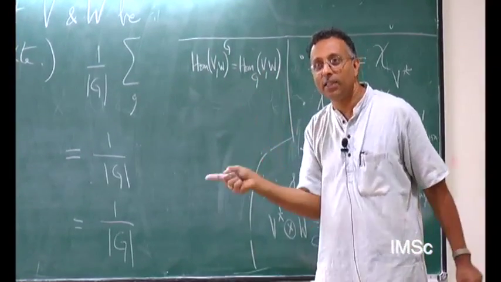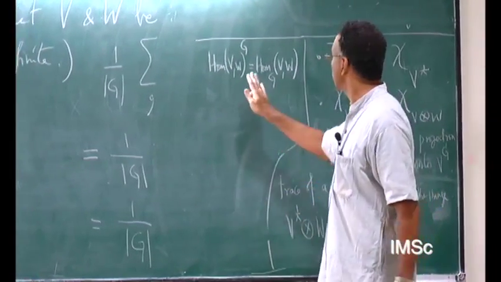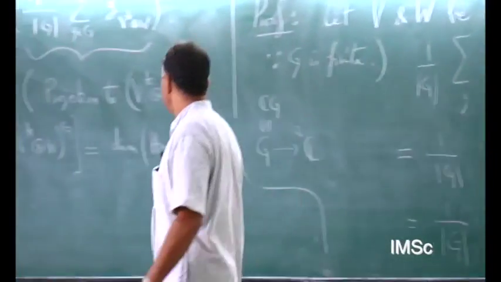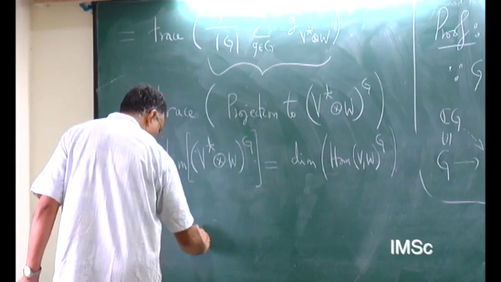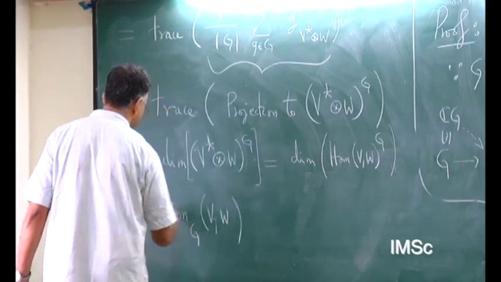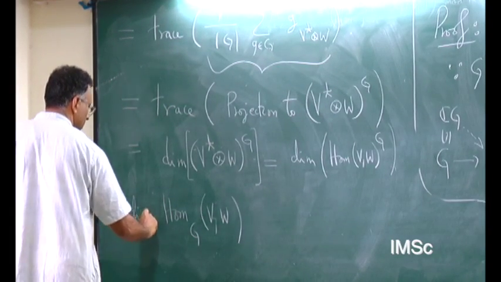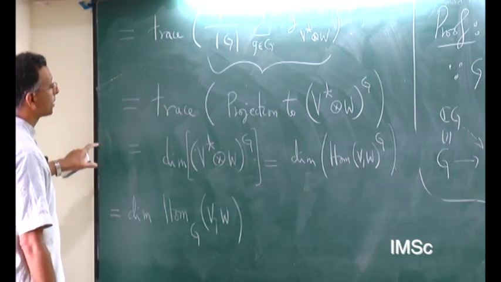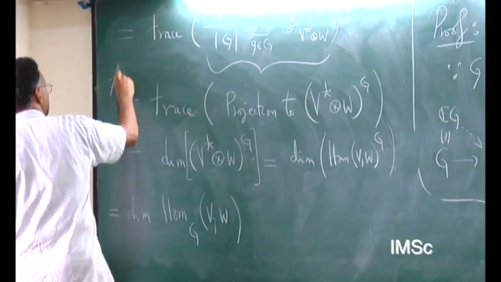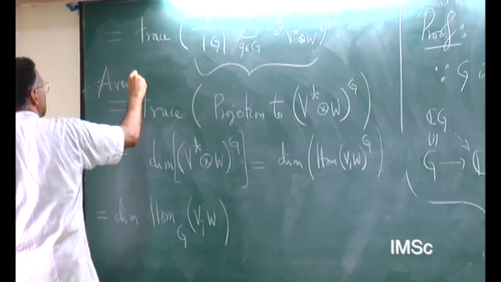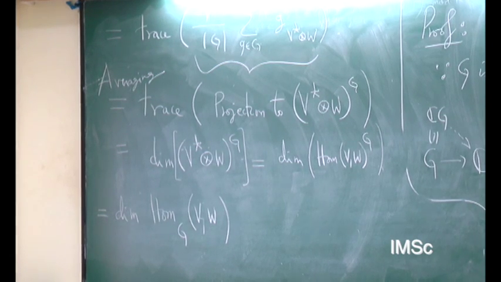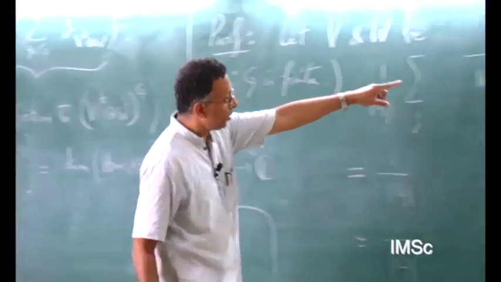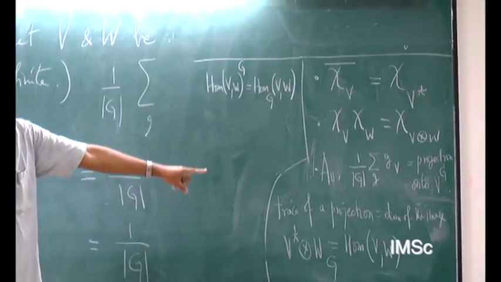This just means g phi is equal to phi g. Both are equivalent. Okay, so you can write this as the dimension of Hom_G(V, W). Okay, so let's start writing. So this is averaging. Right, this is this fact. Okay, so you can trace each of these equalities to one of these facts there.